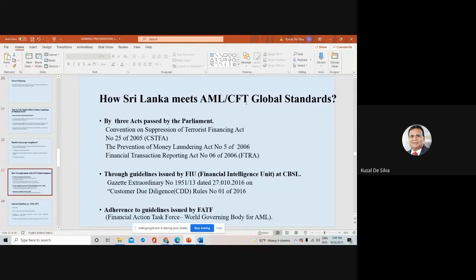So these are part and parcel of the banker's life now, because each and every transaction needs to be screened for these things. But it is done, we have certain guidelines for that. So as we go on, we will discuss.